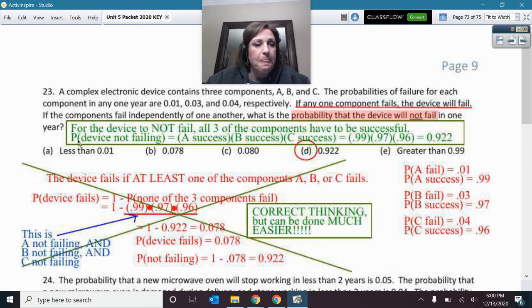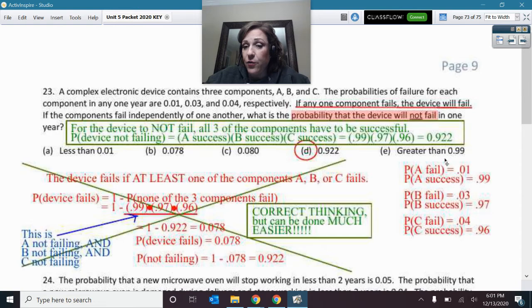For the device to not fail, there's only one way that the device doesn't fail, and it's if all three of those components are successful. Because if any of them are bad, then the whole device fails. That's actually the easiest way to go at it. So in order for the device to not fail, A has to be successful and B has to be successful and C has to be successful all at the same time.